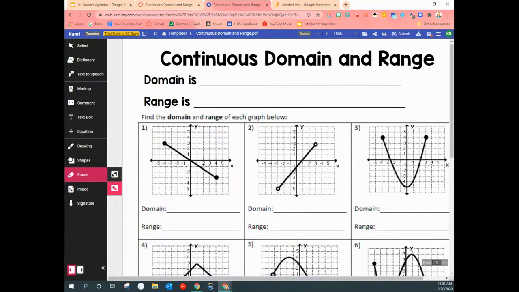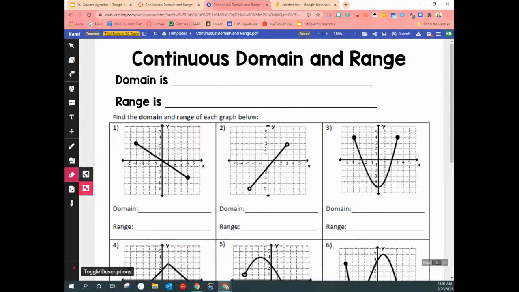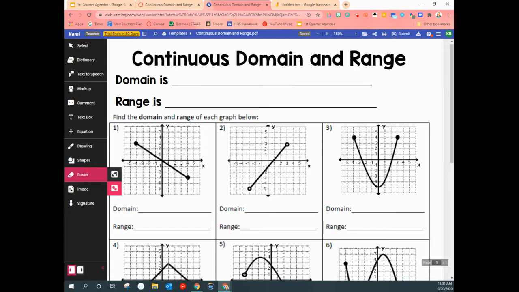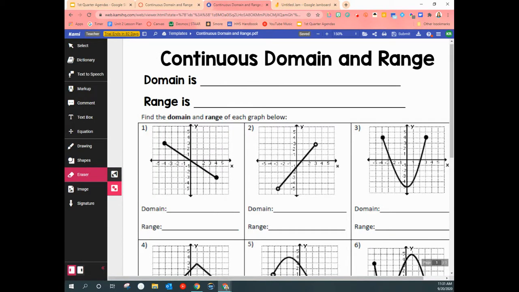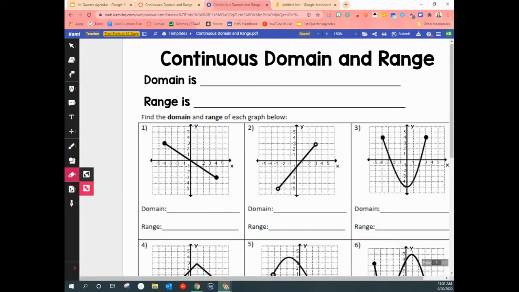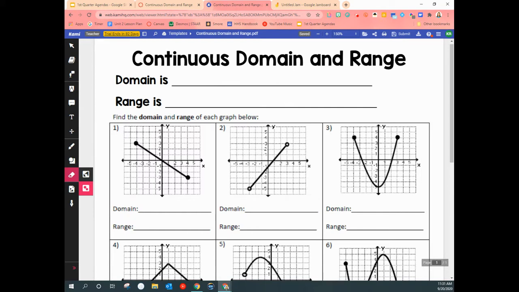Now I can click load in a new tab, and it's going to bring up this page for us right here. I don't know if y'all noticed this little toggle arrow down here. It'll show you the descriptions if you want that, what each tool does. So we're going to talk about continuous domain and range. I want you to think back to yesterday when we were doing domain and range, and we literally were listing out all the X values and all the Y values.